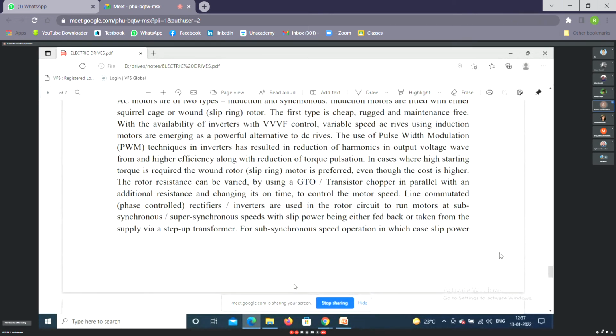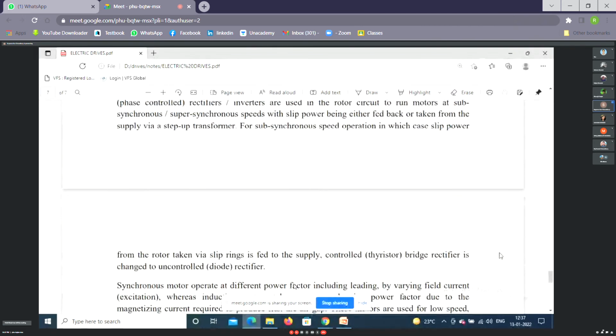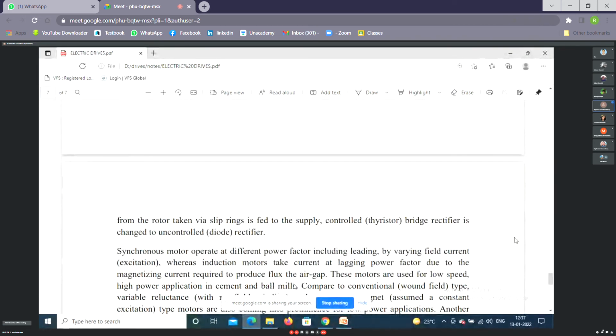For subsynchronous speed operation, slip power from the rotor can be fed via slip ring to the supply. So this is a special application of slip ring motor. We can also have a doubly fed motor.